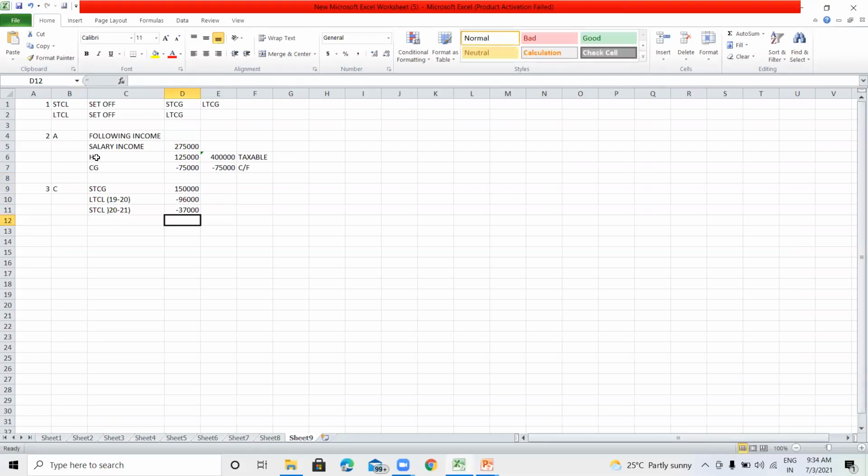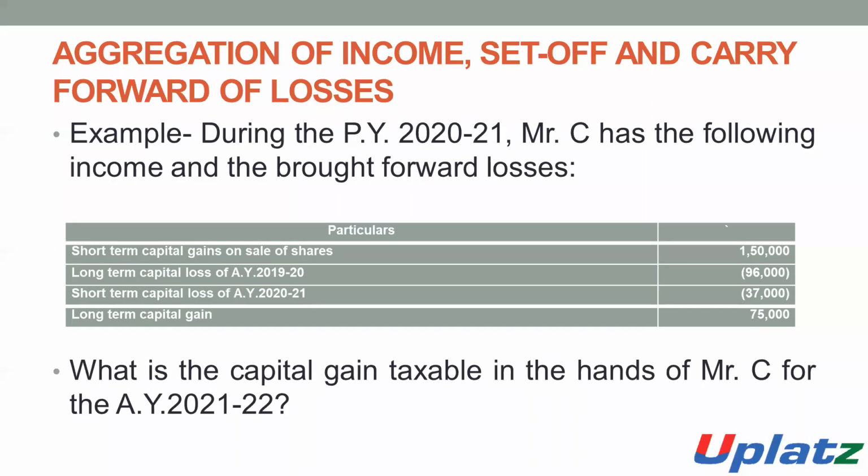Long-term capital gain, 75,000 rupees. Now, on the basis of this, what will be the capital gain which is taxable in the hands of Mr. C for the assessment year 2021-22?